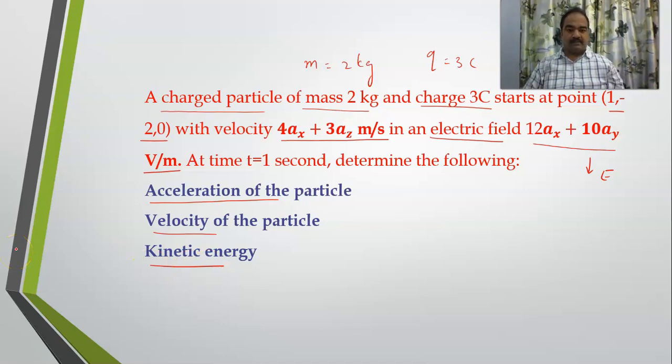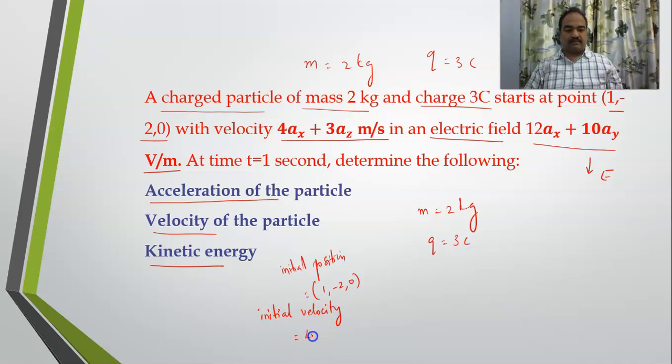Right? So what he has given here, he has given m is equal to 2 kg and q is equal to 3 coulomb. He has given initial position. Initial position is (1, -2, 0), and he has given initial velocity.